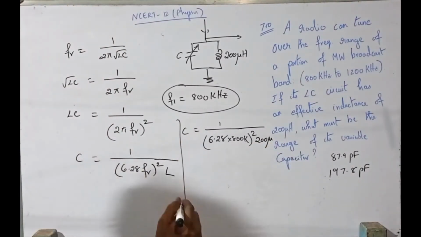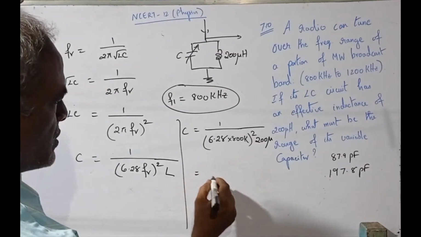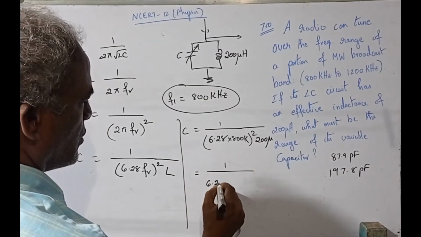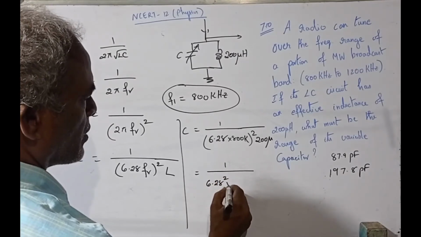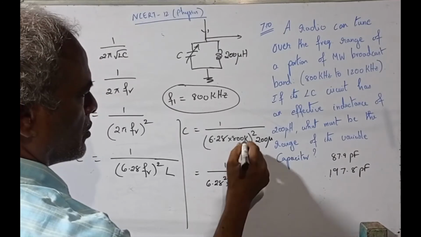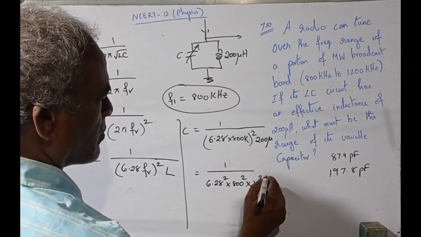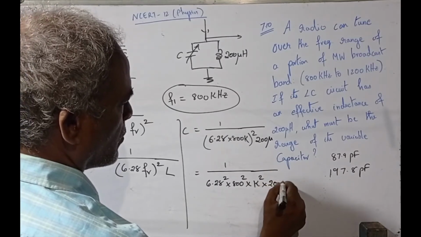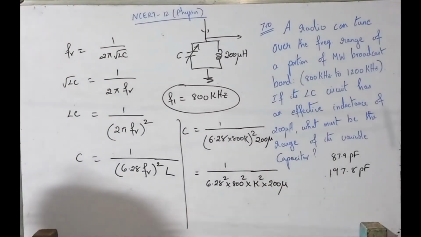Now we have to solve this, which is equal to 1 divided by 6.28 square into 800 square into kilo square into 200 micro.